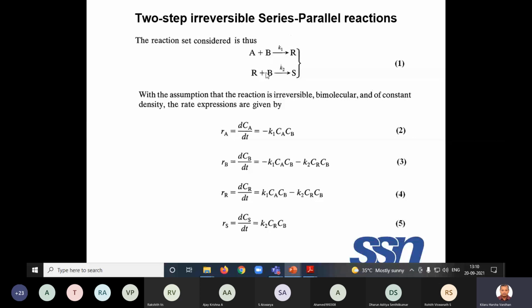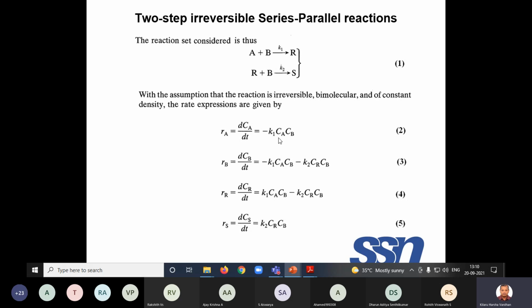RB is also negative because it is reacting. So minus RB, if you want to write how much is disappearing, is K1 CA CB and K2 CR CB, right? So both will come, this plus this, because disappearance is happening for both. Here I am putting negative because I am putting positive here.